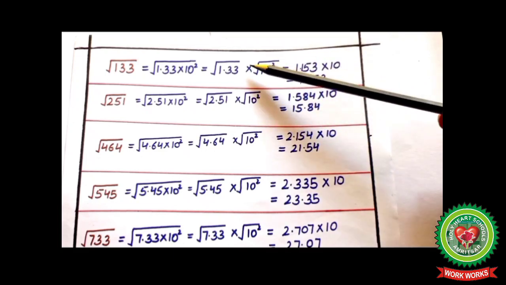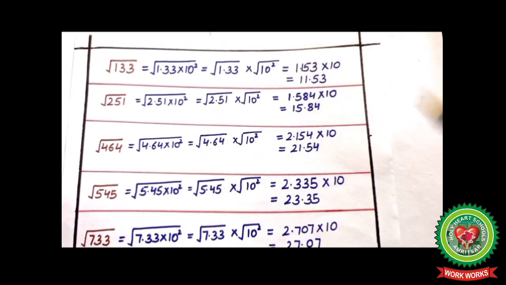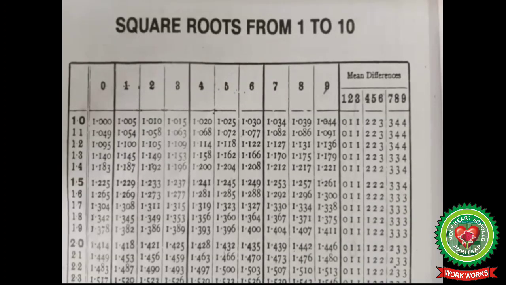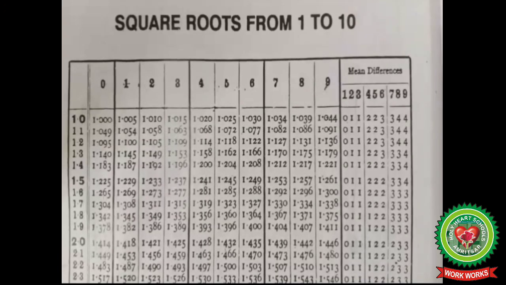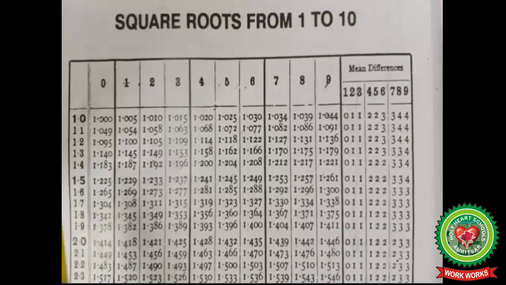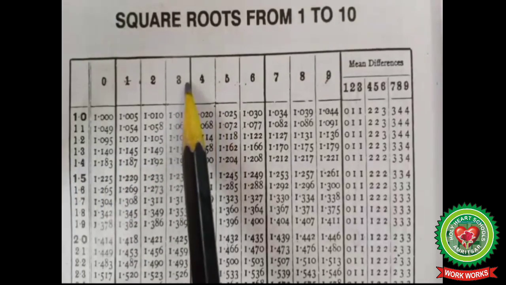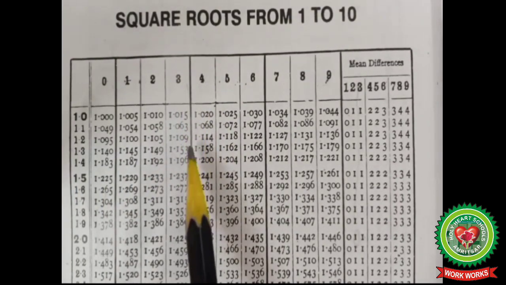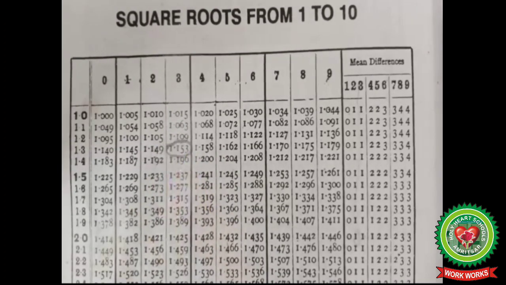We have to check now square root of 1.33 in the log book. From this we have to see value from 1.3 till 3. In the 3 column in front of 1.3 the answer is 1.153.